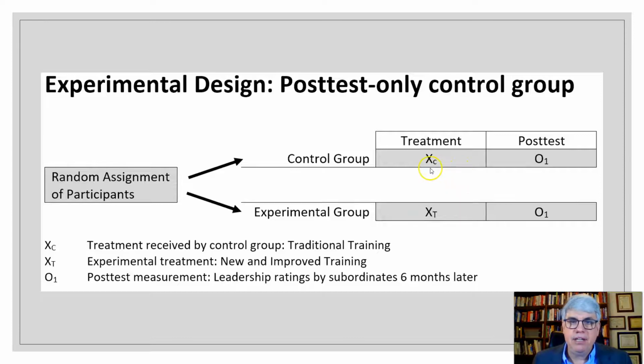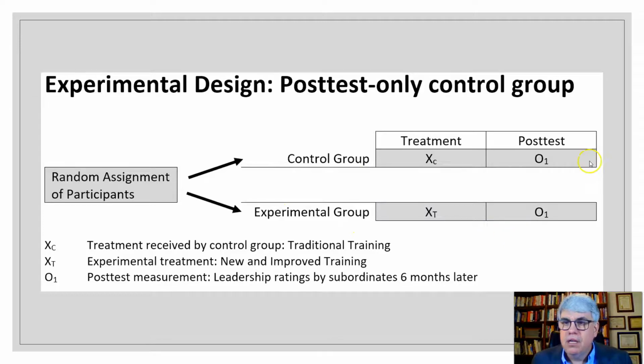X sub C, which the control group receives, is the traditional training. The experimental group receives X sub T, which is the new and improved training. So both groups are going to receive training, and that's the only thing different between the groups other than the differences that existed by chance when we started.